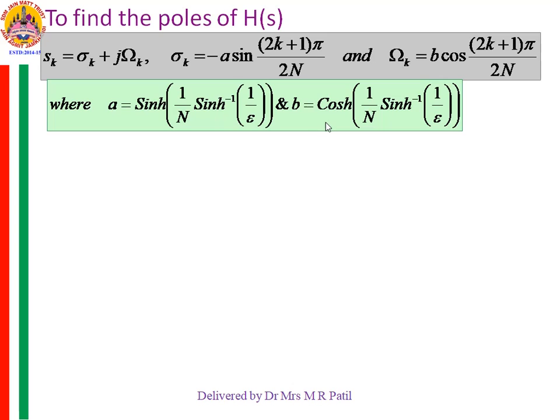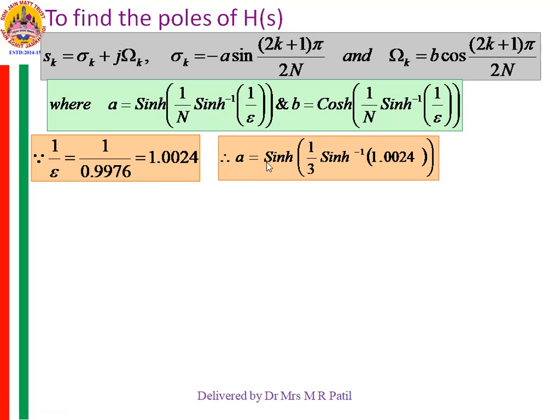Before proceeding with finding sigma_k and omega_k, we shall compute these values of a and b. For that we have epsilon. Take the ratio 1 by epsilon first. So 1 by epsilon is equal to 1 only. If you have got 1, you can select this as 1 only. And n you substitute as 3 and find a. So a is equal to sinh of 1 by 3 sinh inverse 1.